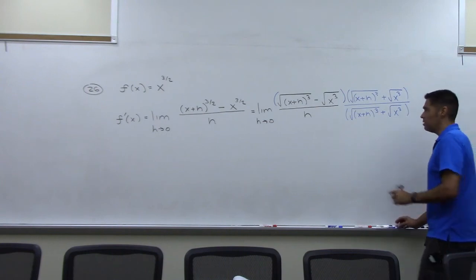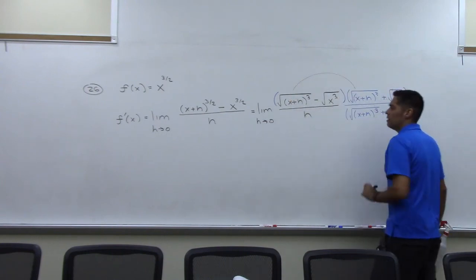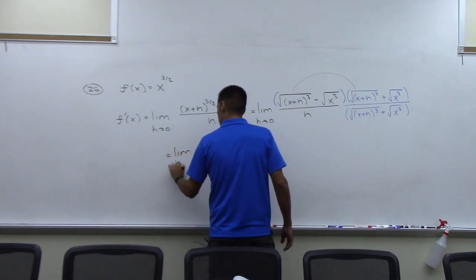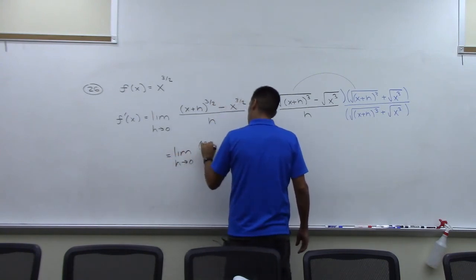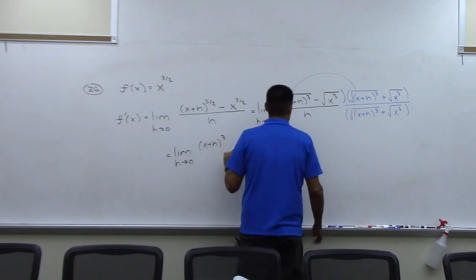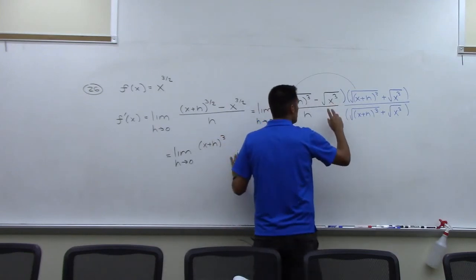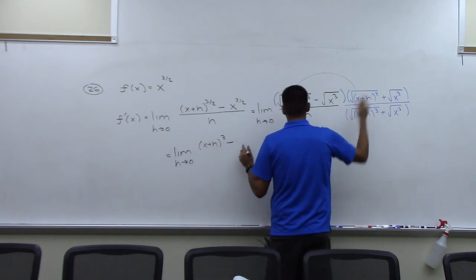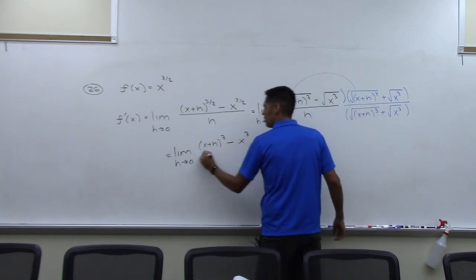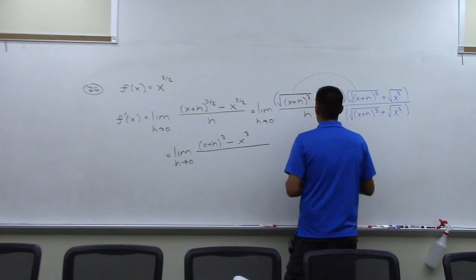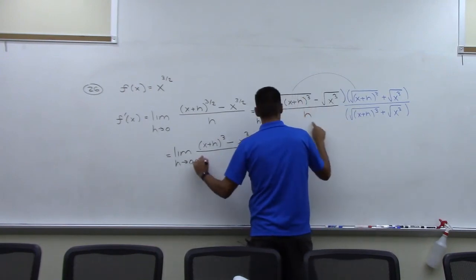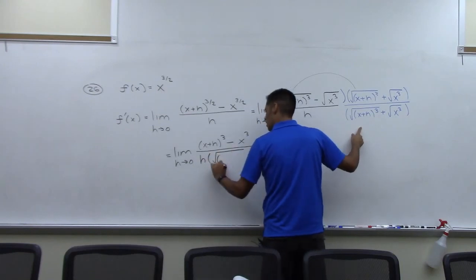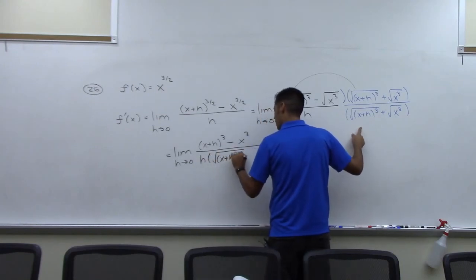And when I do the numerator, all I'm left with is what was under the root, which was the x plus h cubed. And then the middle terms are gone, and then the last terms I get a minus, and then what was under the root, which is just x cubed. Ooh, that's nicer. The denominator is this h times all of this, and I'm not going to even attempt to mess with it.